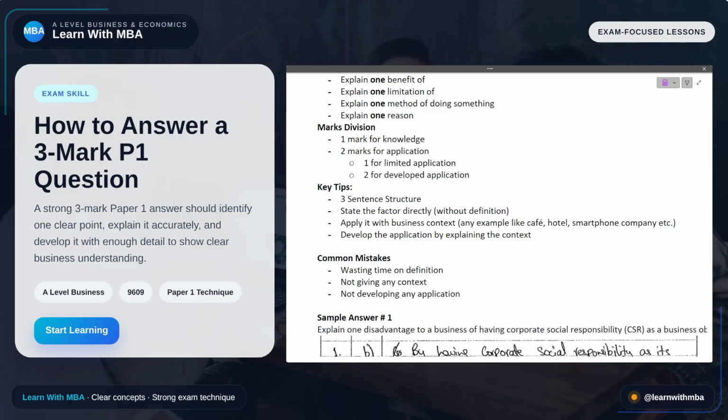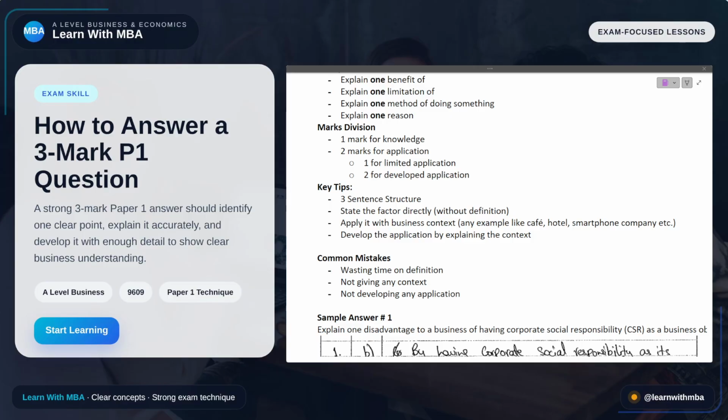So you can use other suitable businesses and apply that to that particular situation. That's the second sentence, and the third sentence would be, don't just mention the context there. This is the most important part. You need to explain what happens in that context and why that helps or harms the business.